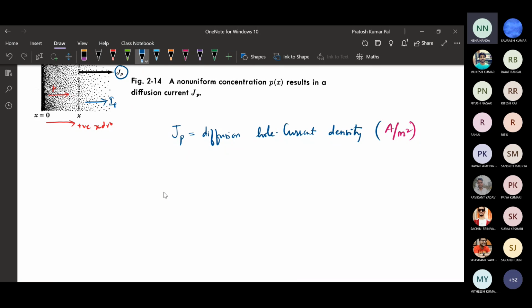This current density will depend on the concentration gradient of holes. This is given by the diffusion process.